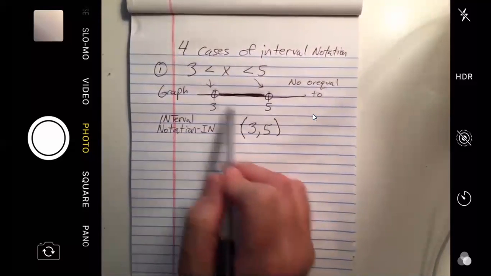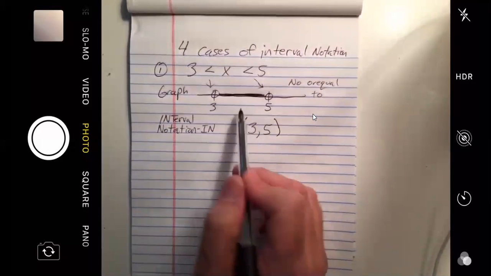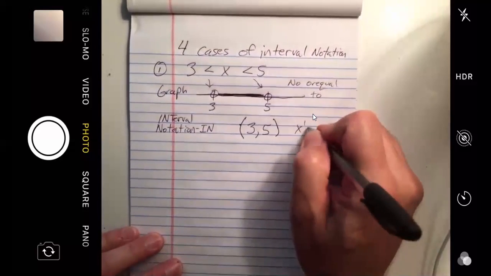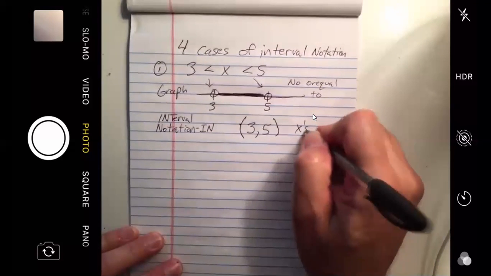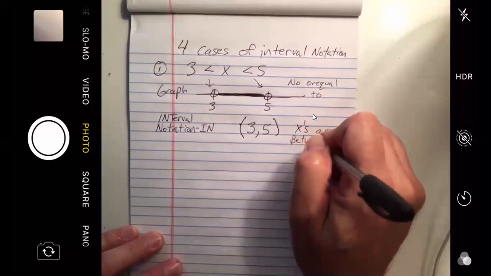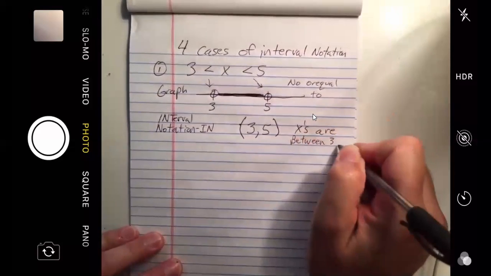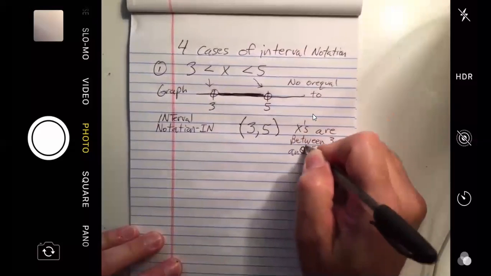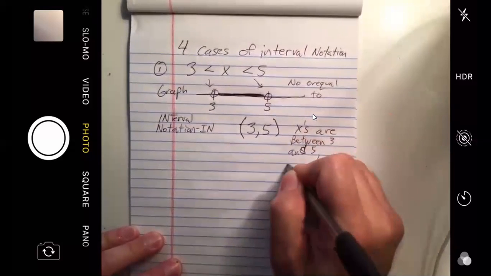Use parentheses with open circles. This basically says the x's are between 3 and 5, not including 3 or 5.